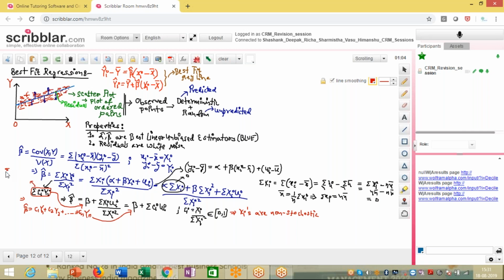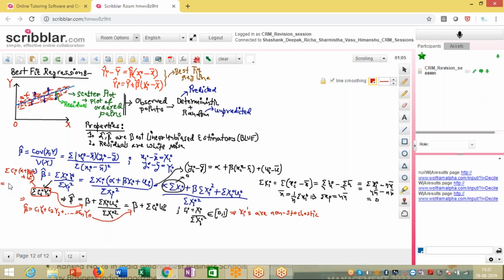So this will become summation Ci alpha plus beta Xi plus Ui.